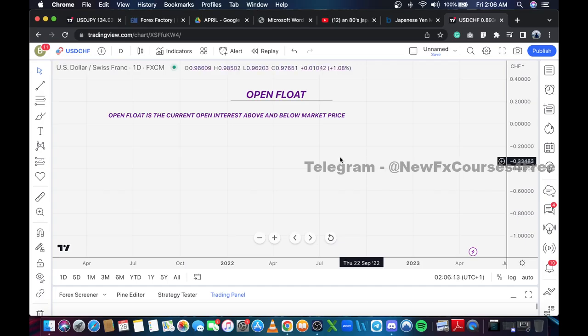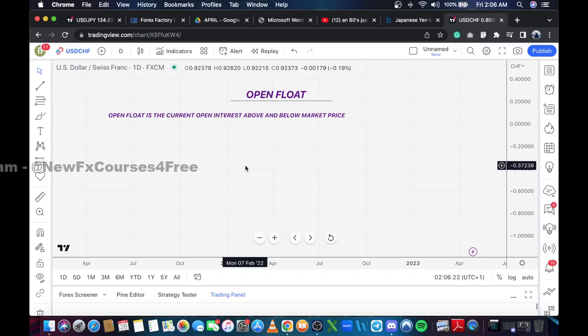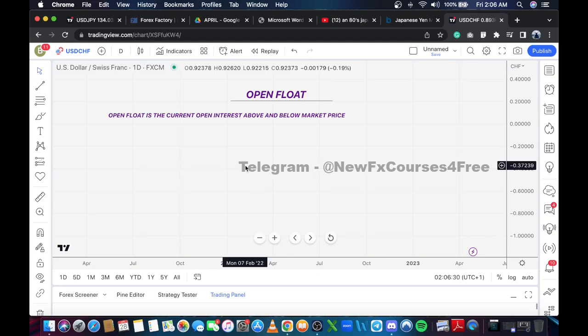Open interest simply means liquidity. If you have an interest in an asset, you're taking an execution in that asset. Now your liquidity, when you take an execution on a pair or an asset, is now imputed into the marketplace. So when we talk about current open interest above and below market price, we're talking about current liquidity above and below market price. That's essentially what we mean.